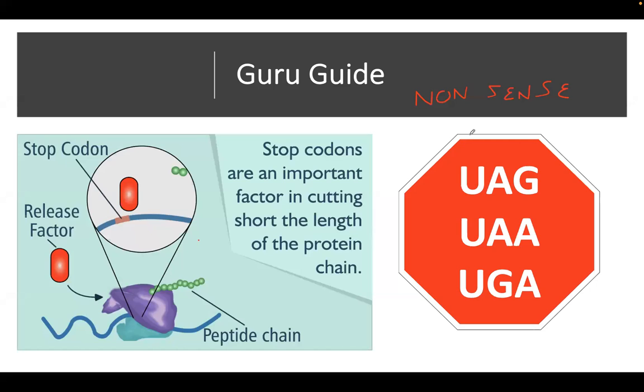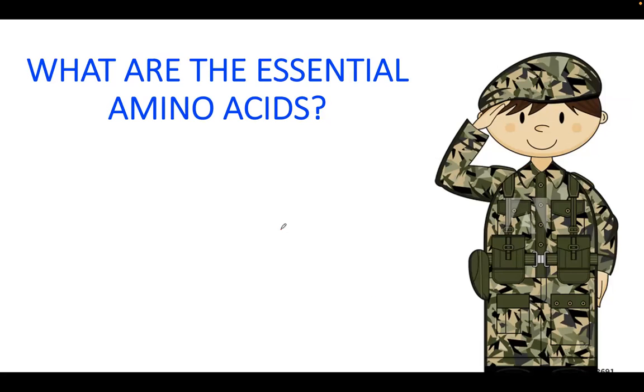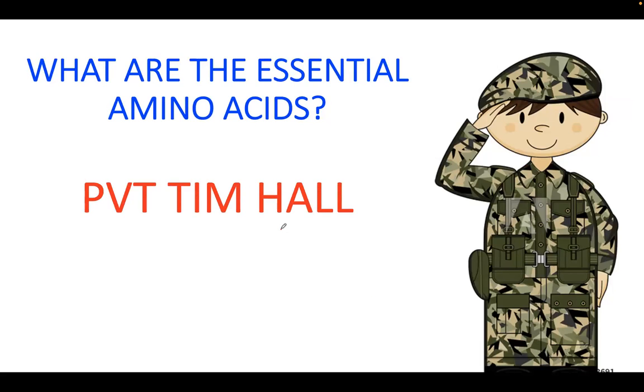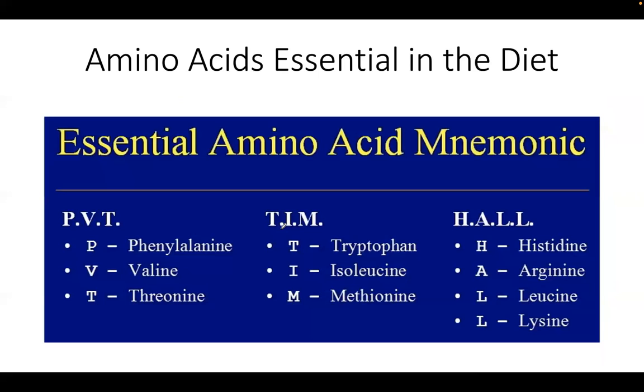Now, winding up, I want everyone to bring this with them to your respective exams. What are the essential amino acids? This is our famous mnemonic, Private Tim Hall or Private Matt Hill. Make sure you memorize this.